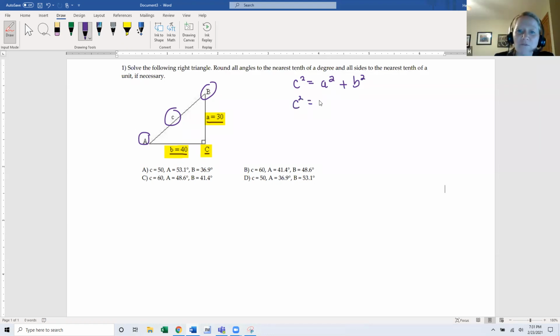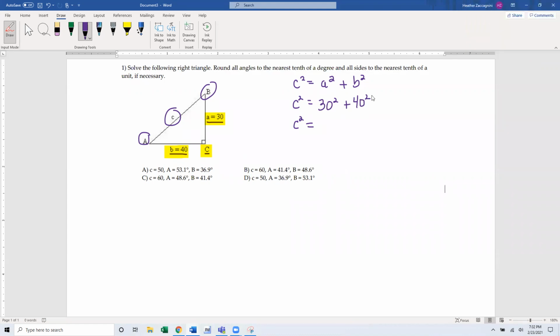And this time we won't forget to square things. Learned our lesson on that tonight, didn't we? So A squared would be 30 squared. B squared would be 40 squared. So my C squared, don't lose that little square, would be 900 and 1600, right?